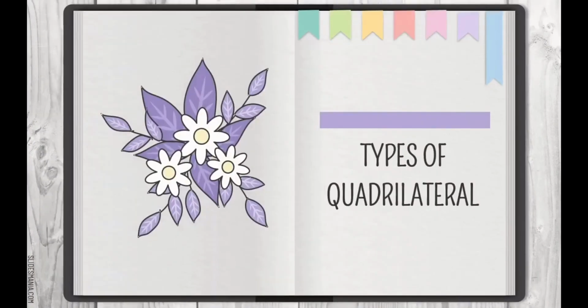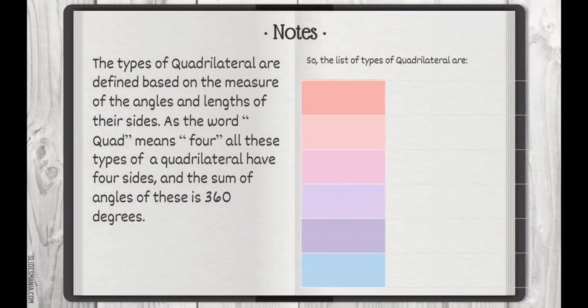Types of quadrilaterals. The types of quadrilateral are defined based on the measure of the angles and lengths of their sides. As the word quad means 4, all these types of quadrilateral have 4 sides, and the sum of their angles is 360 degrees.